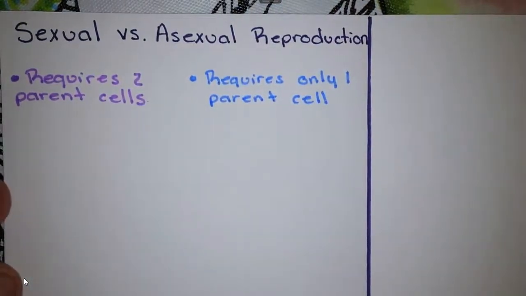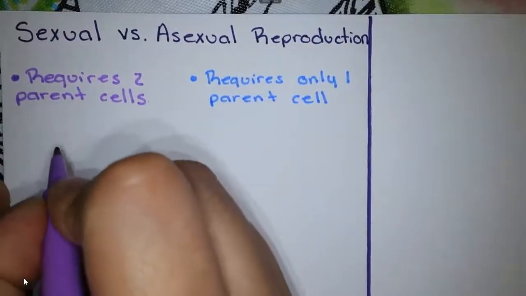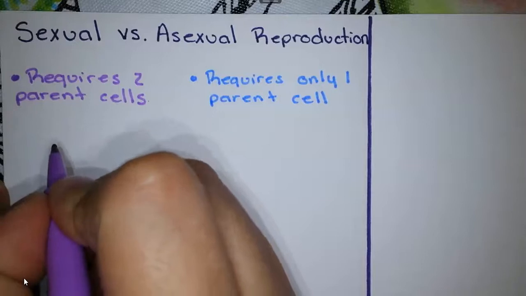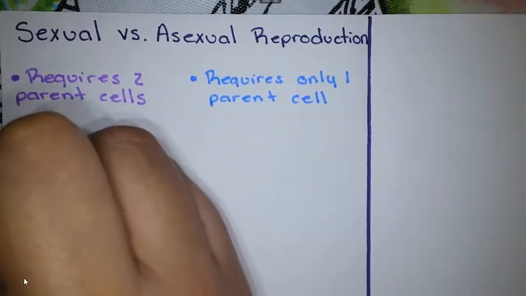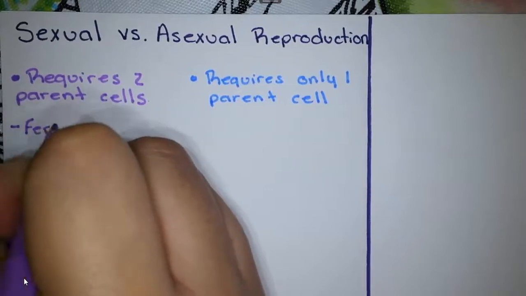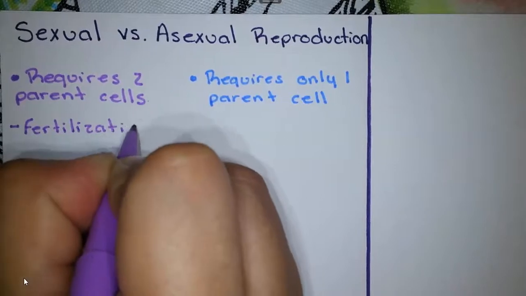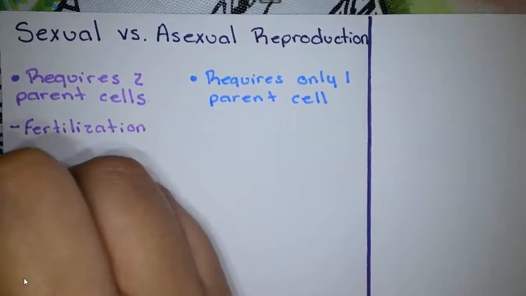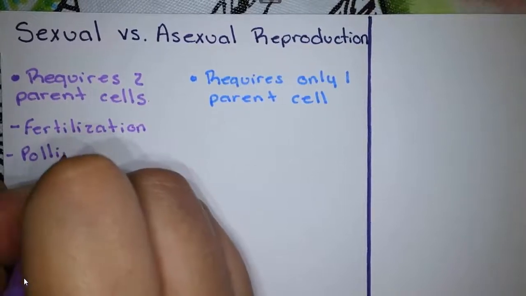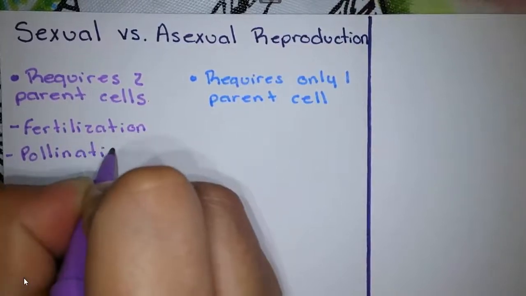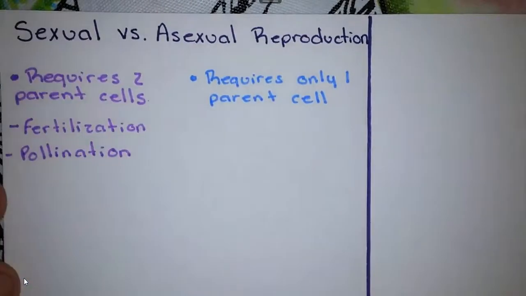Okay, for sexual reproduction, there's fertilization and pollination. Okay, so that's the method of reproduction.